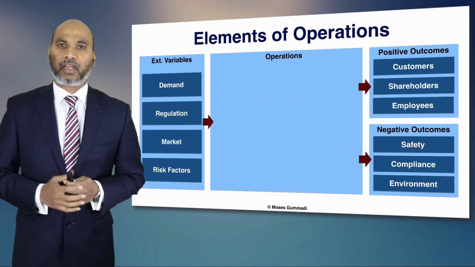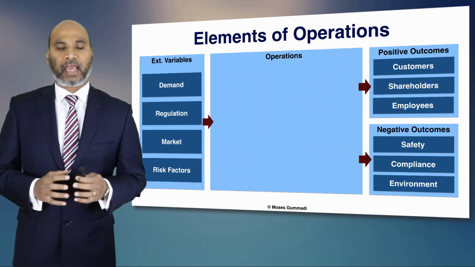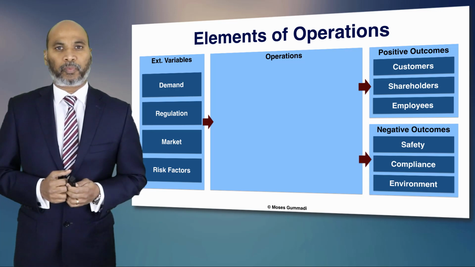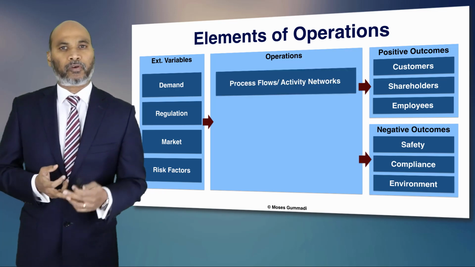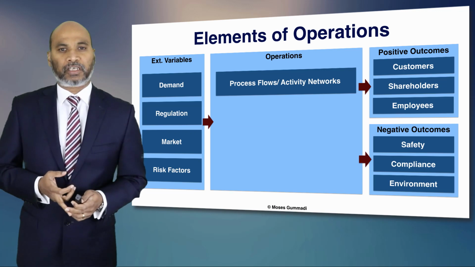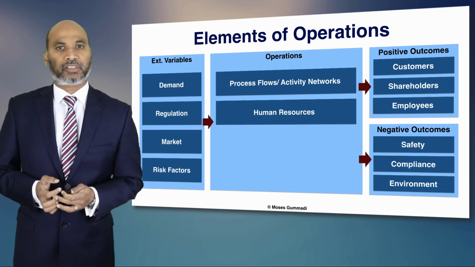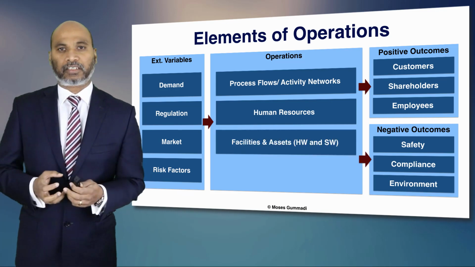Let's take a different cut of the operations. You could actually consider any business and say you can find the elements of operations in these four, namely the process flows / activity networks, secondly the human resources that carry out these processes, right? Finally the assets that you use.